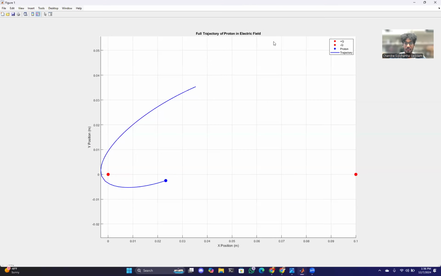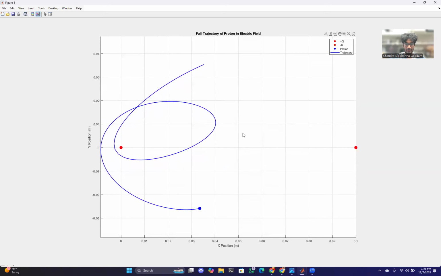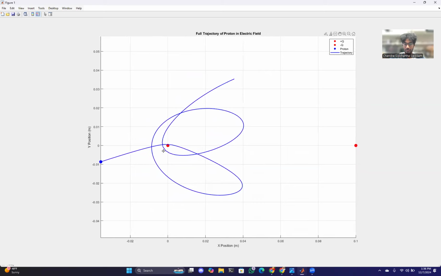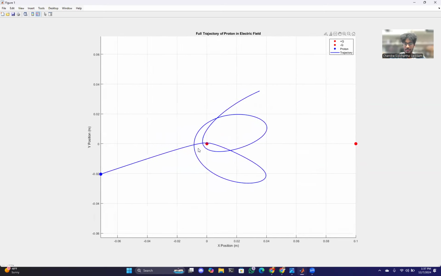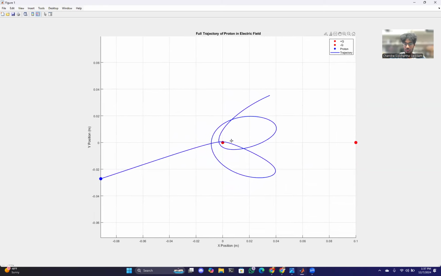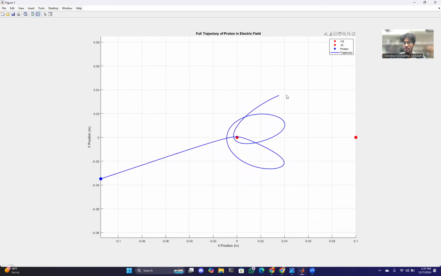As you can see, what happens here is that, not the test charge, I mean, sorry, these charges which are placed in the coordinates, this one is being changed to negative, so the positive proton is being attracted to the negative charge which is here.